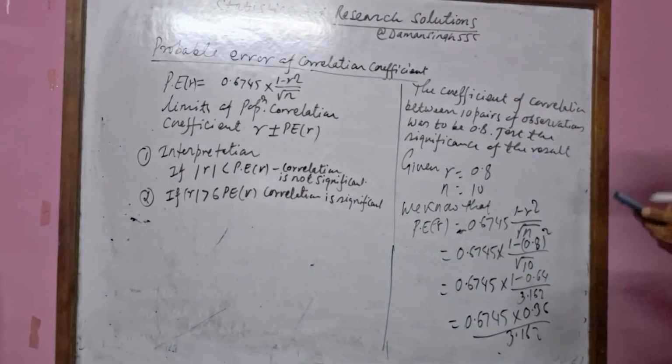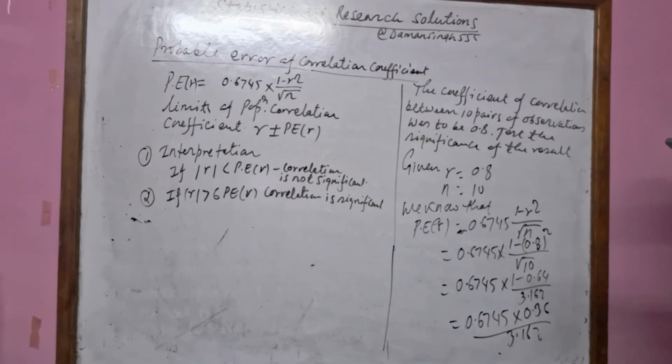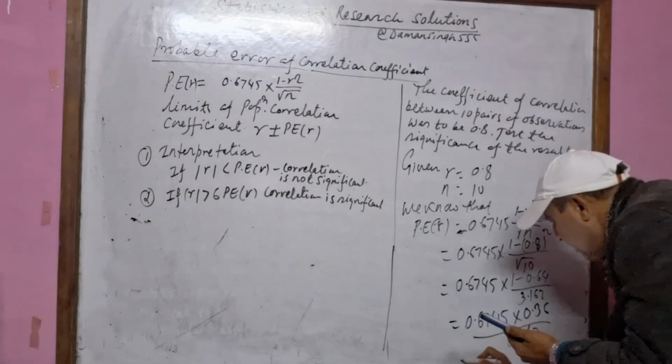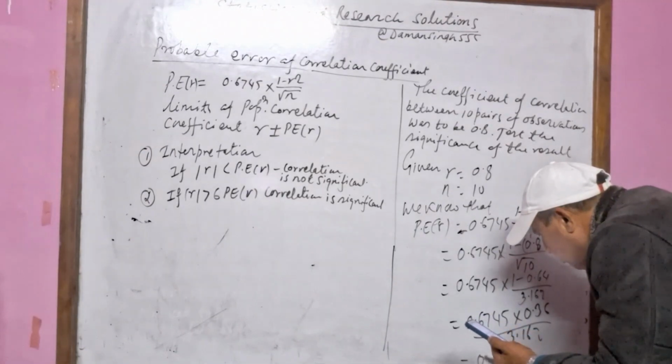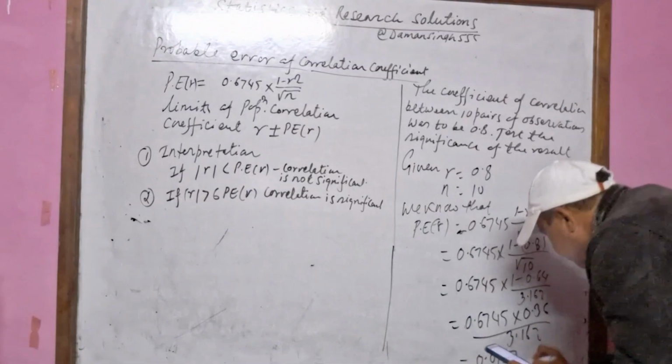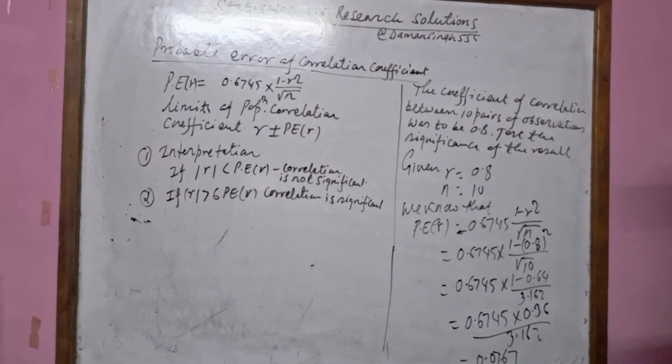Now we simplify: 0.6745 into 0.36 divided by 3.162. The previous value was wrong. The correct value is 0.0767. This is the probable error.